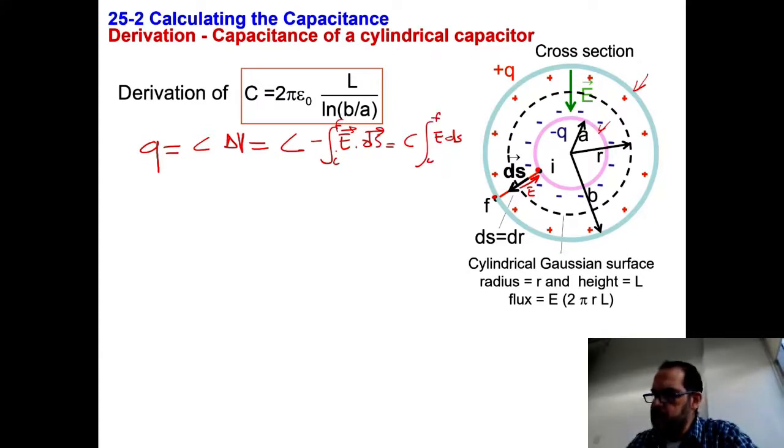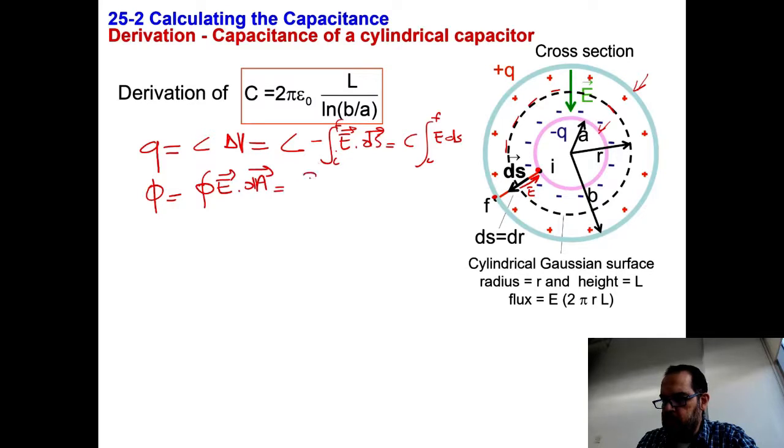So let's try to determine what is the electric field between these two cylindrical surfaces. Let's make this a Gaussian surface of radius r, small r, and let's write the flux is equal to the integral of E dotted with dA, which is equal to the charge enclosed divided by epsilon 0.